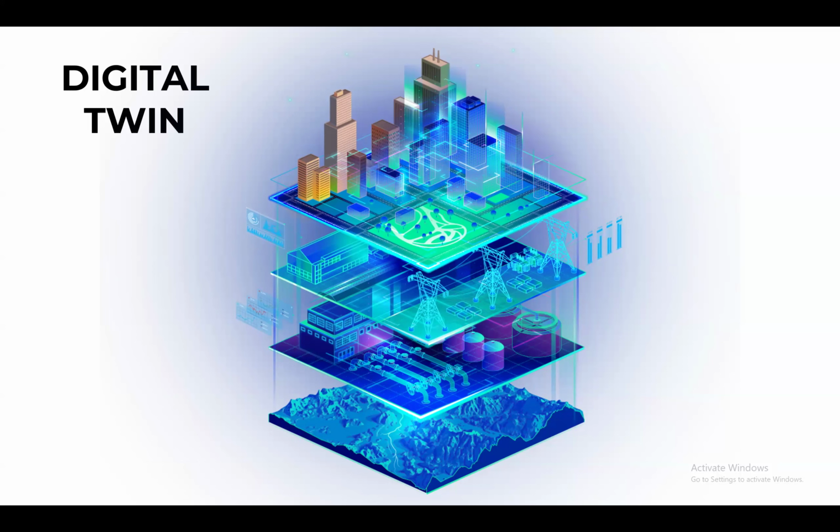So when that building deteriorates due to the heat and other weather conditions, you can understand, and then you can do the maintenance based on that information. So this is a very advanced and very interesting concept, the digital twin.